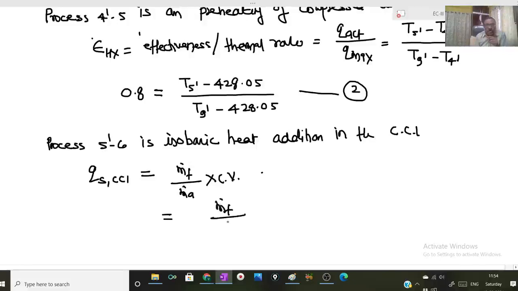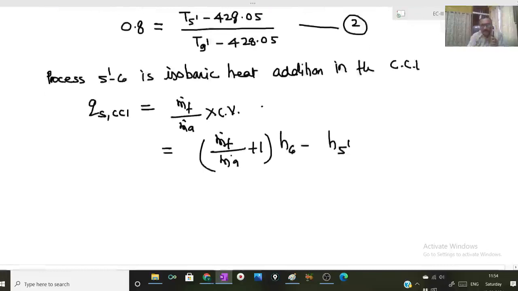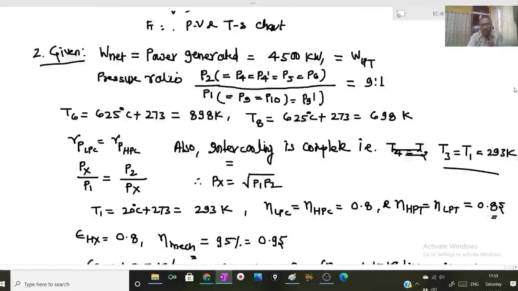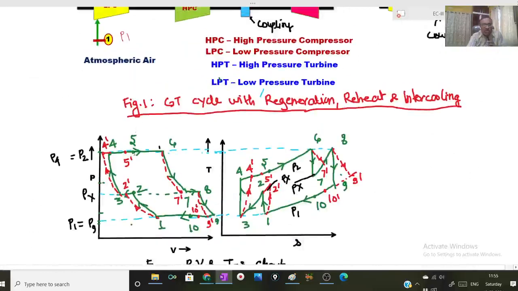(m dot f over m dot a plus 1) into the enthalpy of gas H6 minus enthalpy of air H5 dash. Okay. You got my point? What am I doing? I am considering process 5-6.